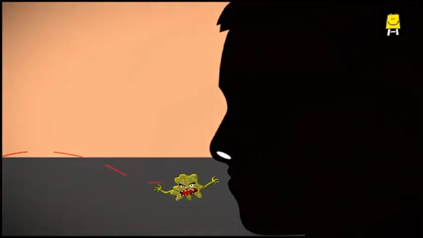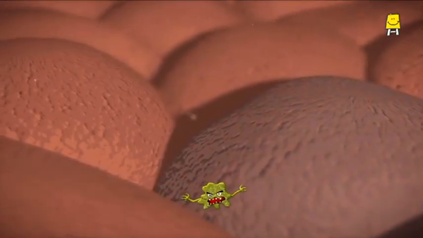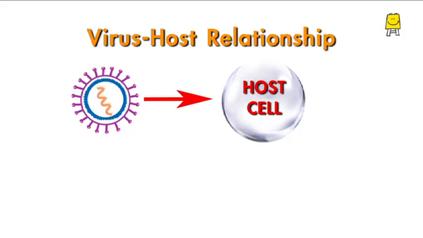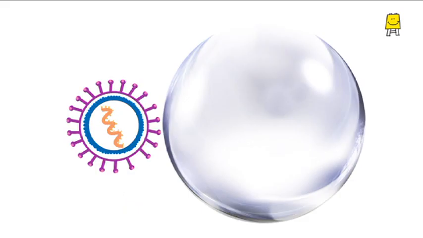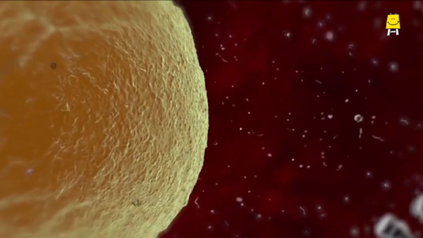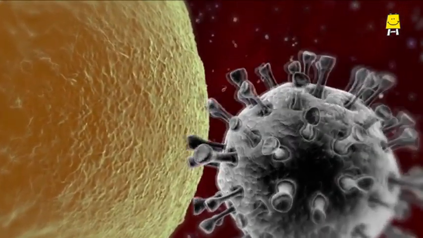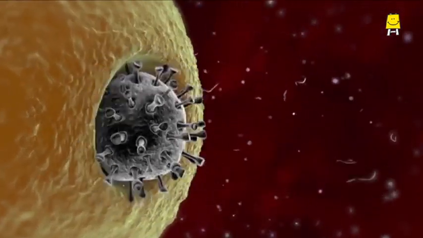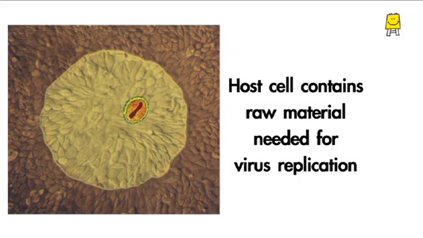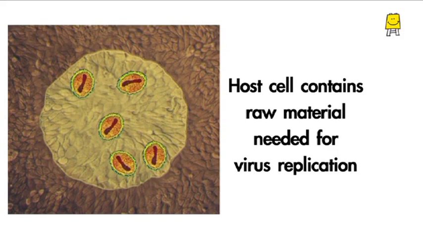The structures of the virus and its host cell have some matching features, like that of a lock and key. Only when the structure of the virus matches the structure of the host can the virus inject its DNA or RNA into the host. Sometimes the whole virus is able to enter the host cell. The host cell contains the material needed for virus replication.